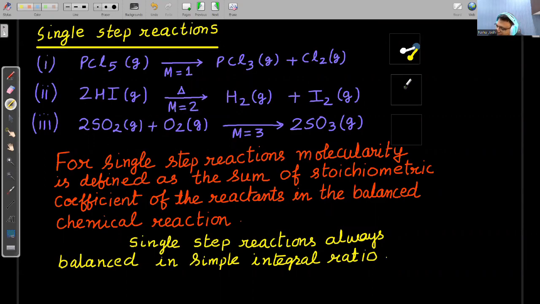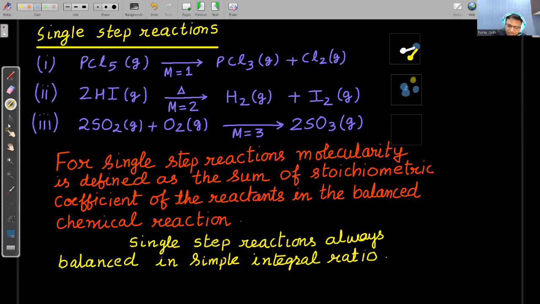Two identical HI molecules are going to collide, and because of their collision there is formation of a hydrogen molecule and an iodine molecule. Since two molecules participate in the collision, it is known as a bimolecular reaction, or its molecularity is equal to 2.